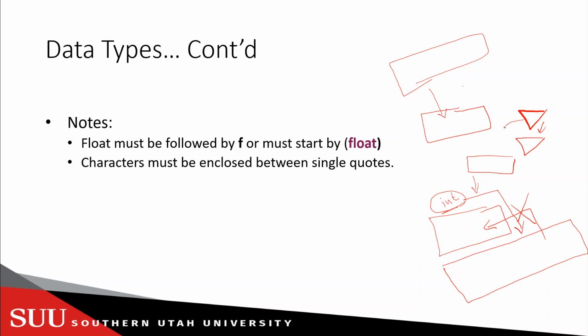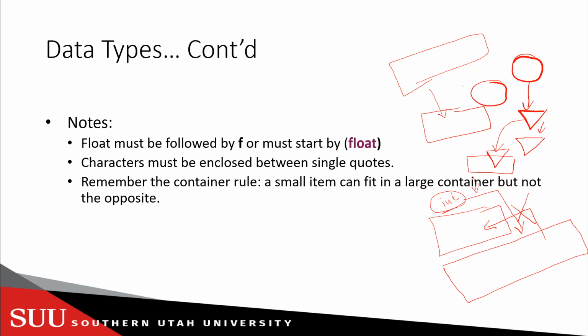I cannot fit it into this container because it's going to be something like this. And similarly, let's think of booleans, for example. If booleans are represented by circles, then this circle cannot fit properly in this container, but it's going to need a circle container. So remember the container rules.